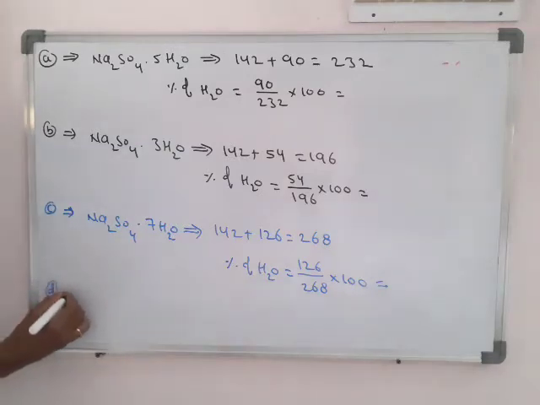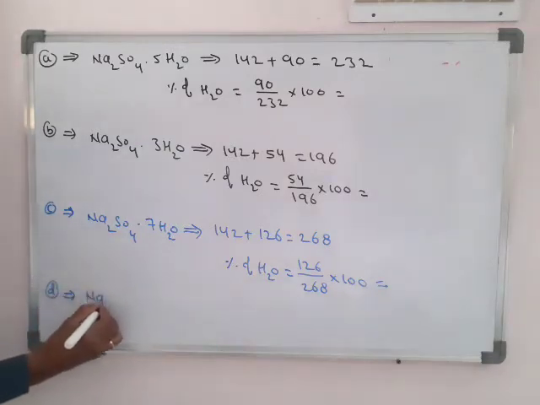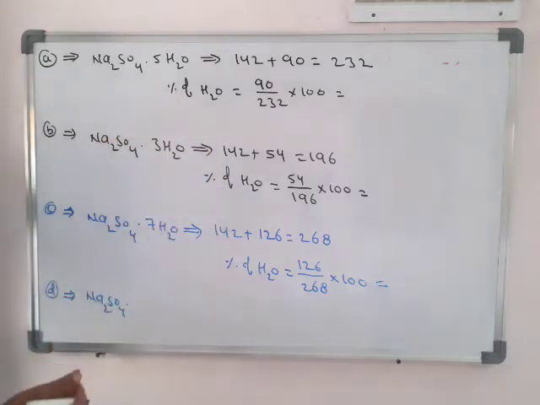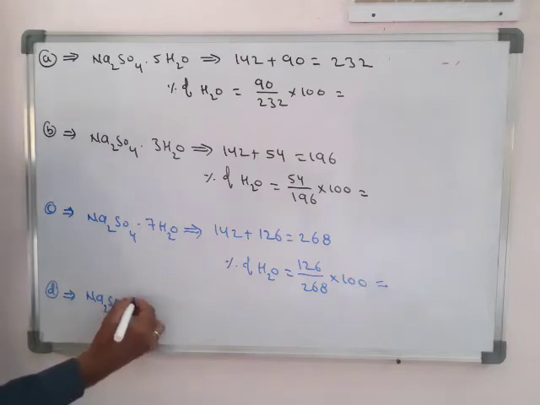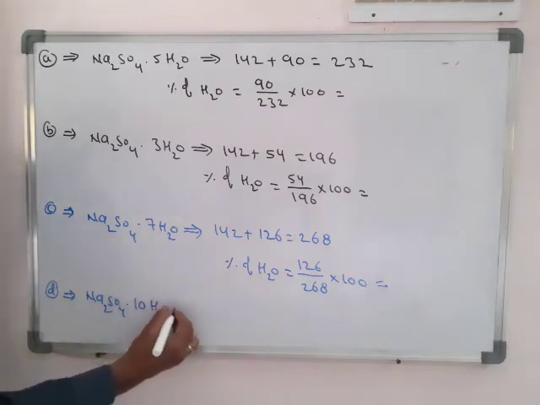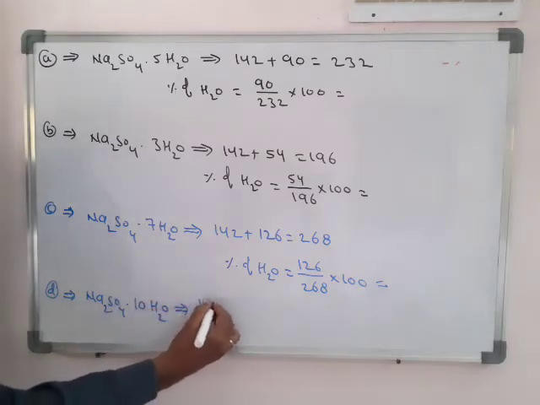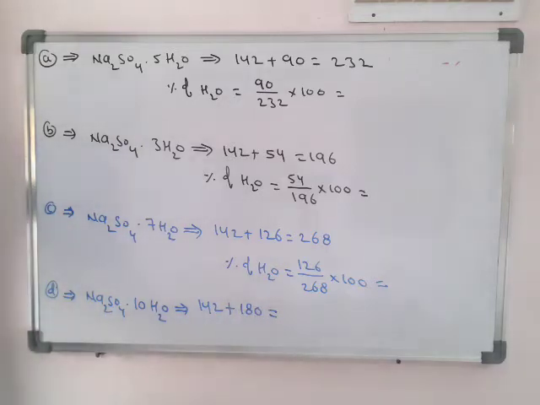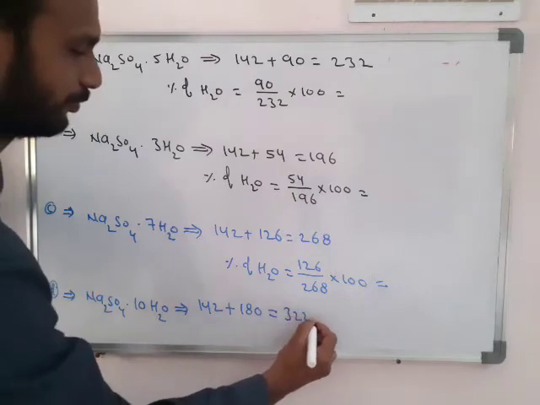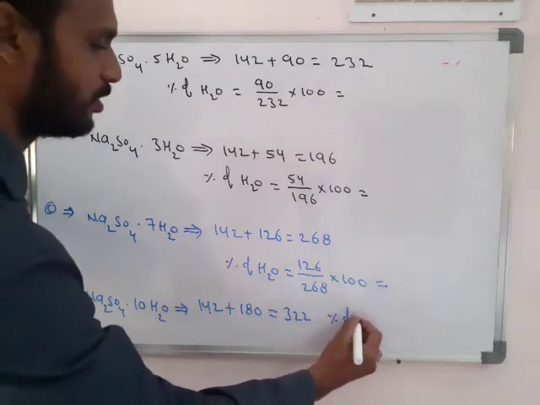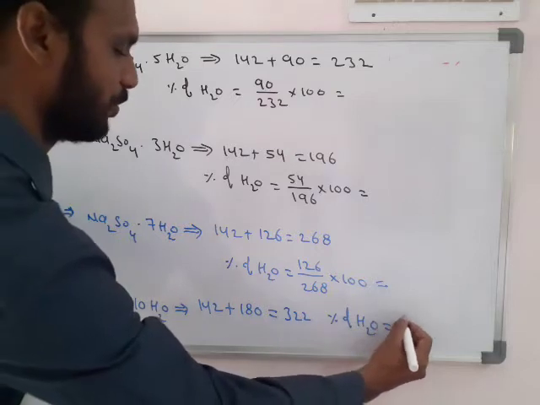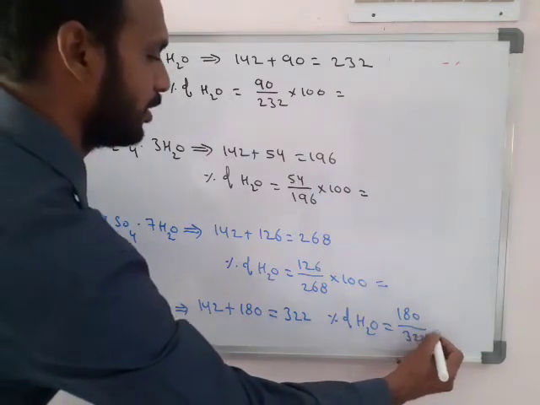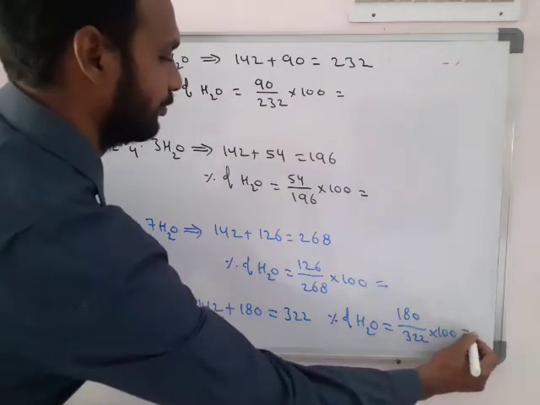Next take option D. They are not appearing like 56%, but whatever it is, we do the calculations for all the options. 142 plus 180 gives a total of 322. So here the percentage of H2O equals 180 by 322, into 100.